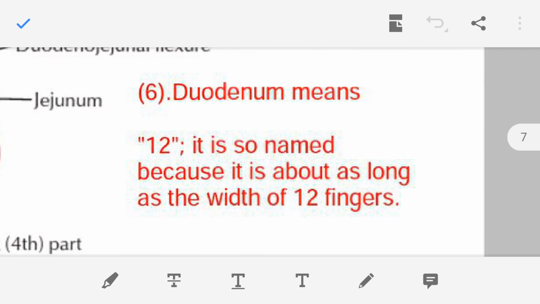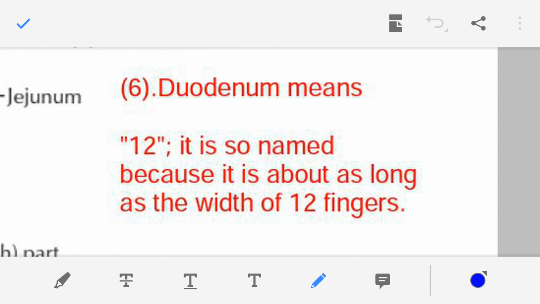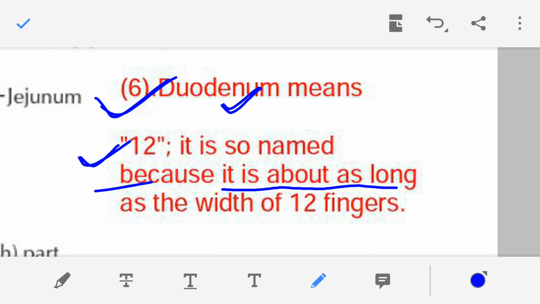Now, what is the meaning of duodenum? Duodenum means 12, and why is it so named? Why is this part of the small intestine given the name duodenum? What is the reason? The reason is that the duodenum is about as long as the width of 12 fingers.